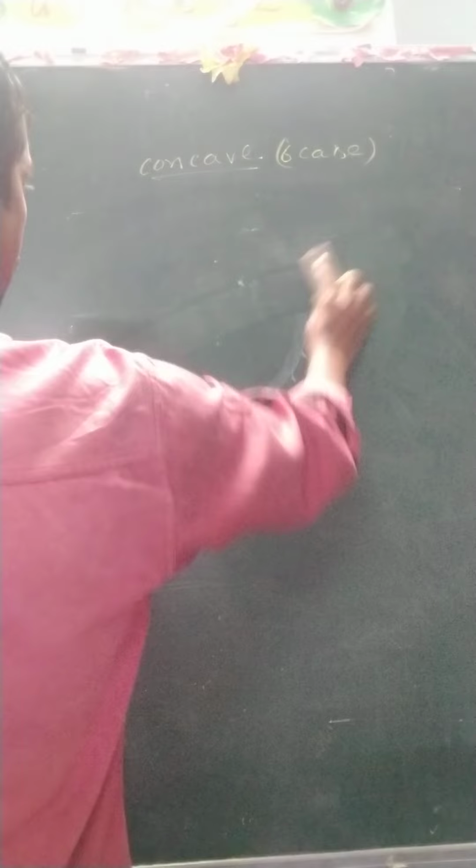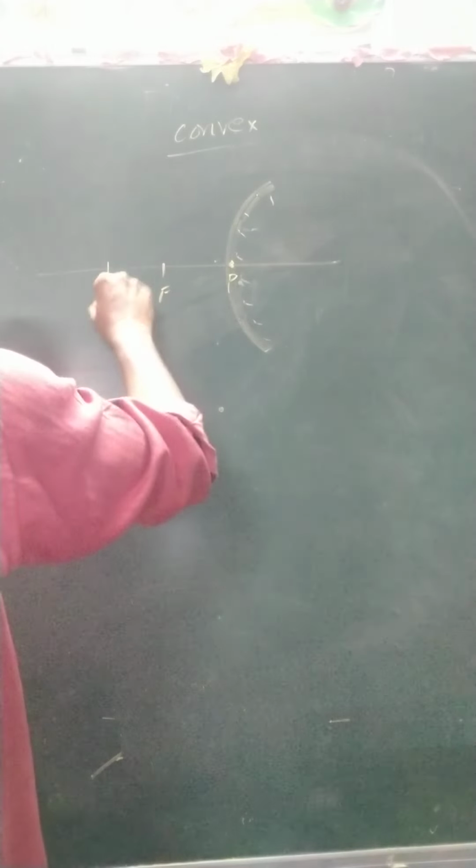Next, we discuss the convex. For convex also two cases are there. One of the cases is object placed at infinity. Suppose this is a convex mirror. Now we have to consider a principal axis, pole, focus, center of curvature. A ray parallel to the principal axis.